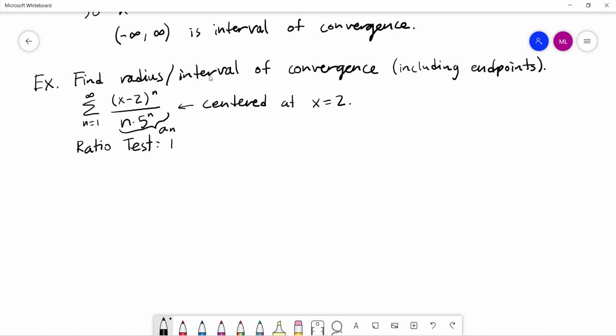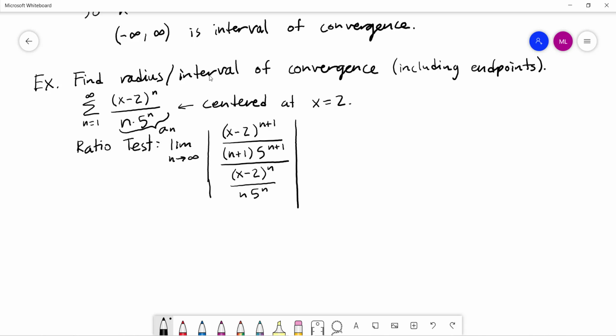Our ratio test is going to be the limit as n goes to infinity of a sub n plus 1, which will look like (x minus 2) to the n plus 1 power over n plus 1 times 5 to the n plus 1. So there's our a sub n plus 1 term, and we're dividing that by a sub n itself. So here's our big ugly fraction of fractions.